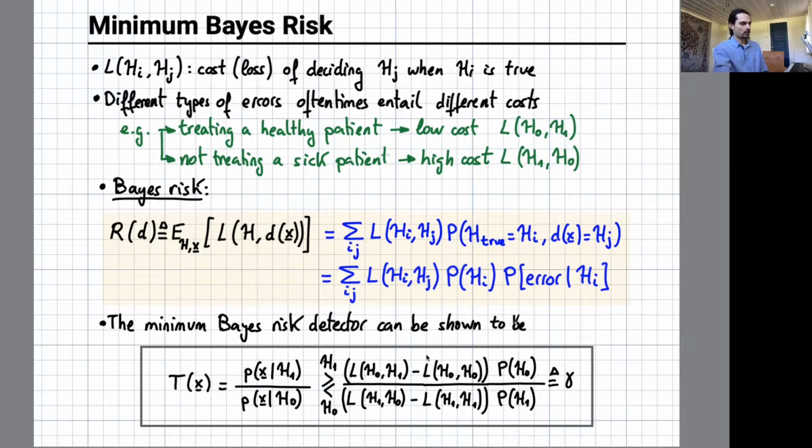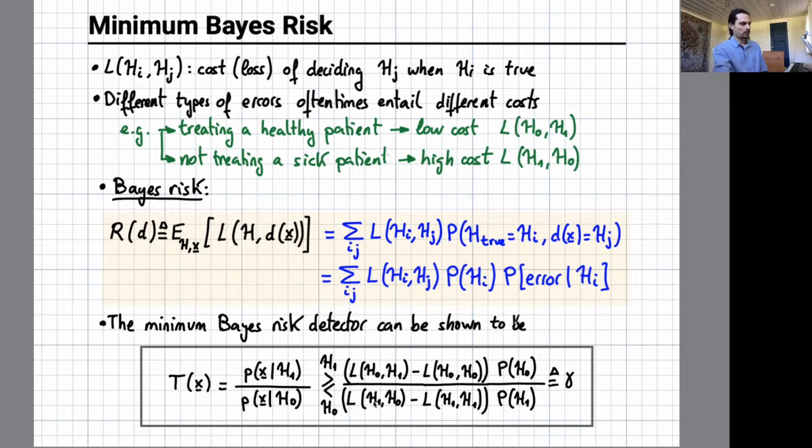So note that if we set the loss associated with a correct decision equal to 0, this becomes 0 and this becomes 0.